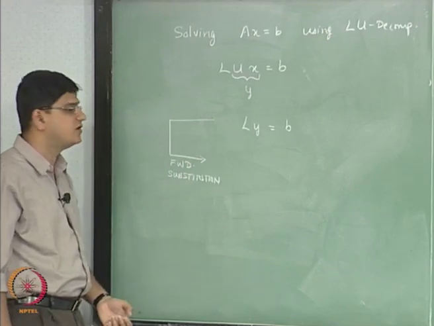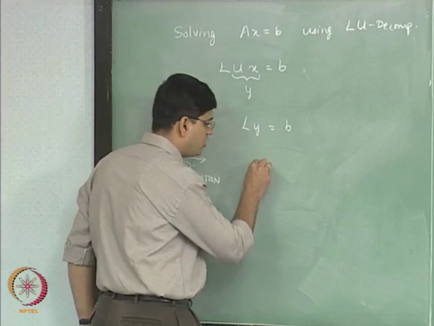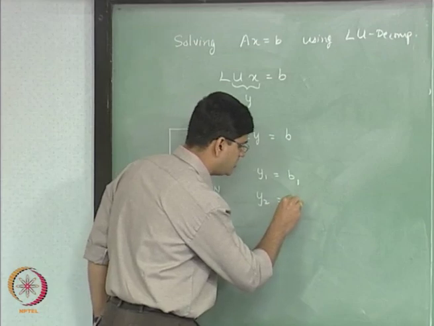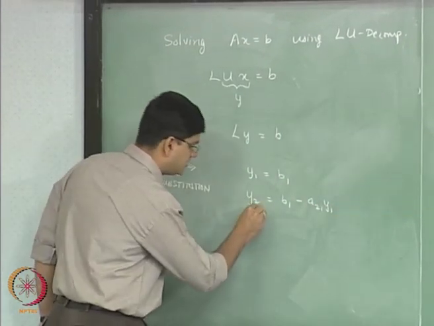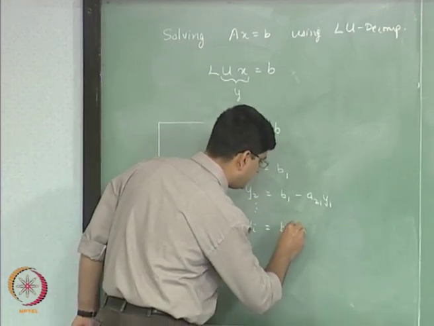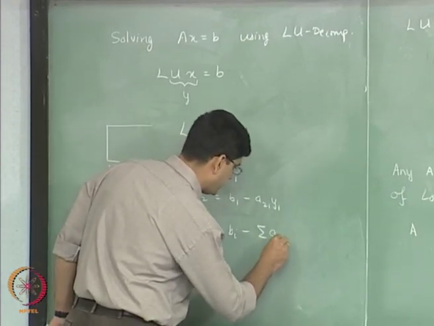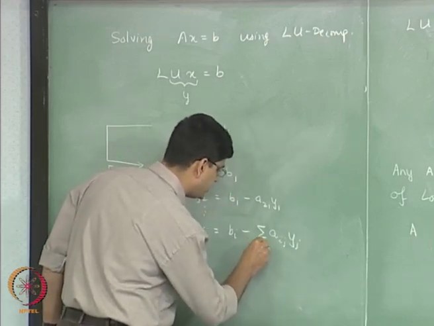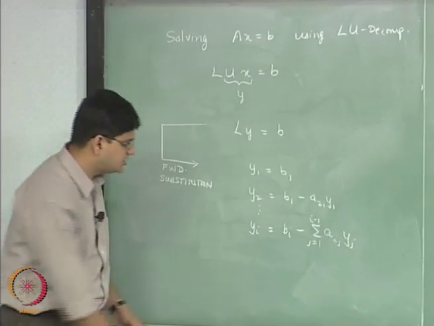Okay. So, we just apply the LU decomposition to matrix A, and then with a combination of forward and backward substitution we try to solve this particular problem, and the forward substitution is going to be y1 equal to b1, y2 equal to b2 minus l21 y1, and so on, yi equal to bi minus the summation of l ij yj, j equal to 1 to i minus 1, and so on up to n.